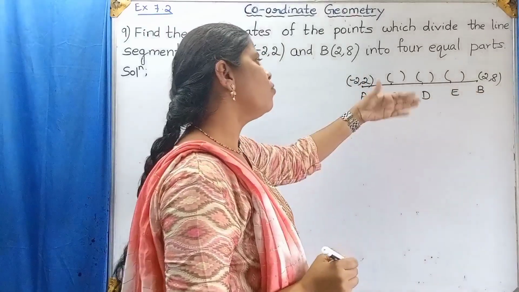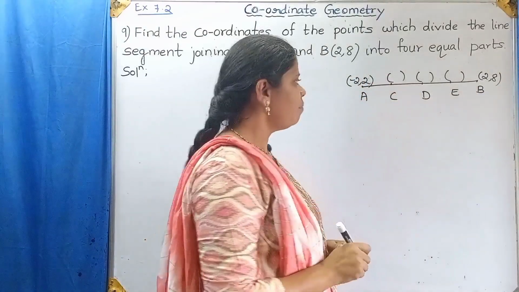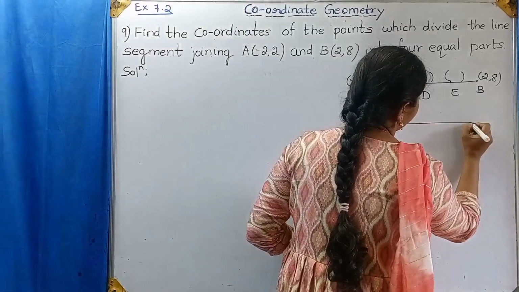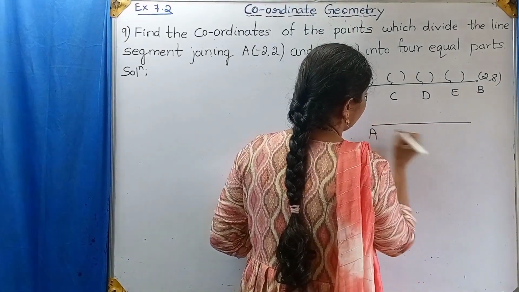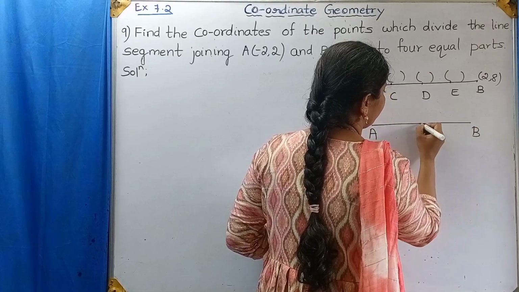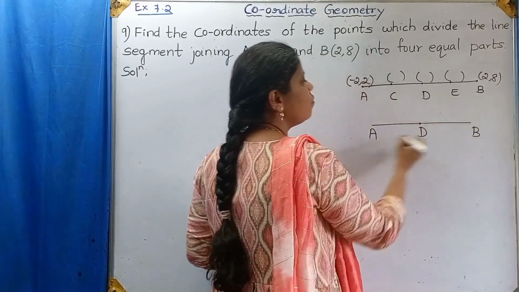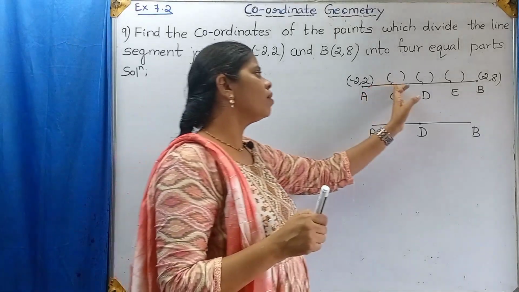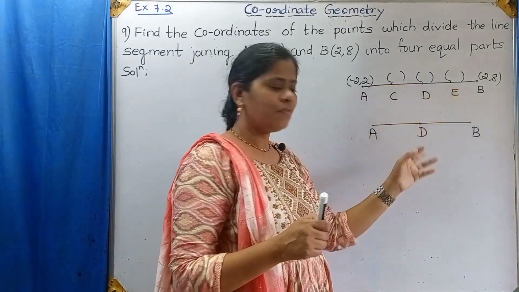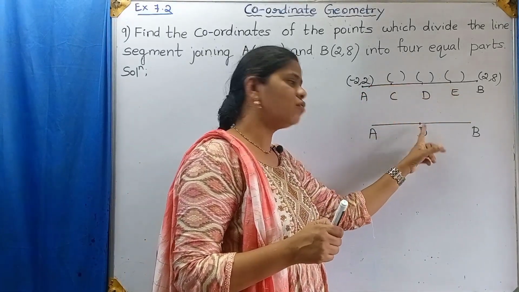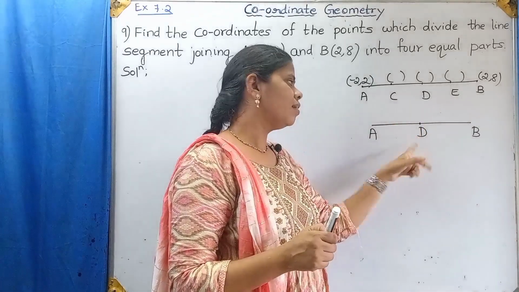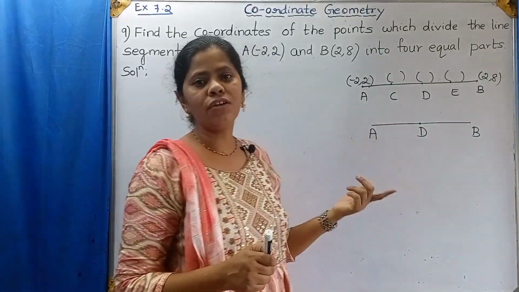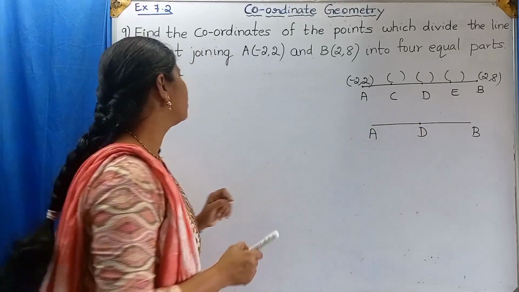First, we have to use the midpoint formula only, okay? We know that D is the midpoint of AB. Here, since we don't know the coordinates of C, D, E, first we have to use the midpoint formula to find out the coordinate of D. Then only we can use the section formula to solve this, okay?